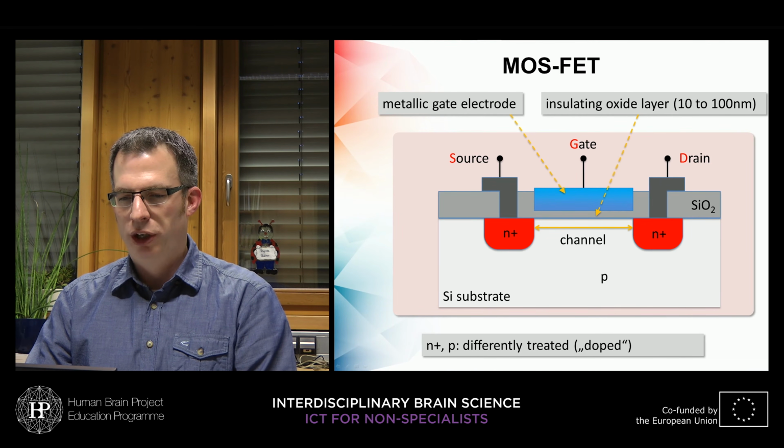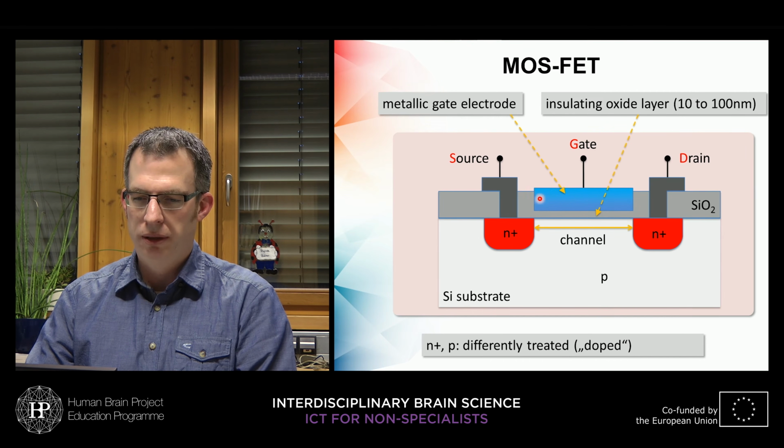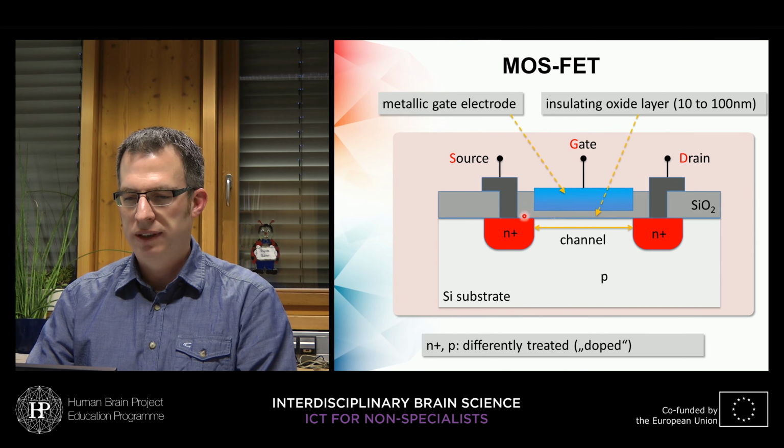We have three terminals. First we have source, gate and drain terminal. And this so-called gate electrode, that's the blue rectangle here, that's a metallic component in the microchip. That stands for the name metal. And then towards the lower layers we have an oxide layer, that's silicon oxide here, for example, which is an insulator, metal oxide.